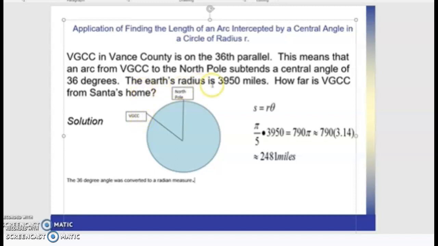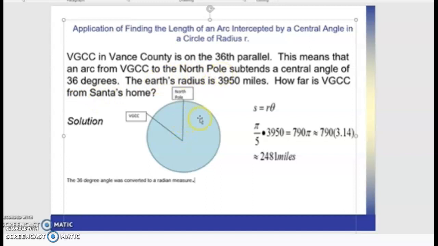The Earth's radius is 3,950 miles. How far is Vance Granville Community College from Santa's home? In other words, how far is Vance Granville Community College from the North Pole?